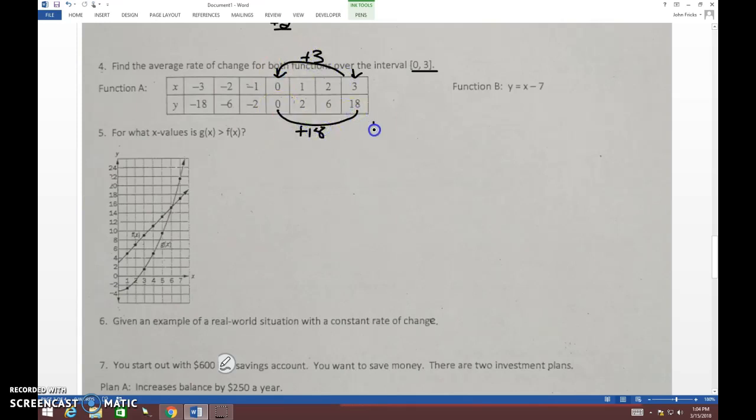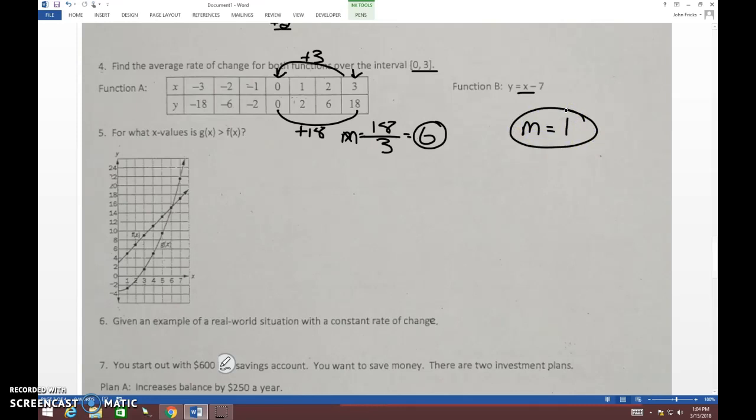So y's over x's, that's going to be 18 over 3. So that's going to give us 18 divided by 3, which is 6. Very easy problem there. Over on the other side, we got a linear problem. Notice how the slope is 1. Therefore, the average rate of change, since it's constant, is 1. Don't even have to substitute anything in.